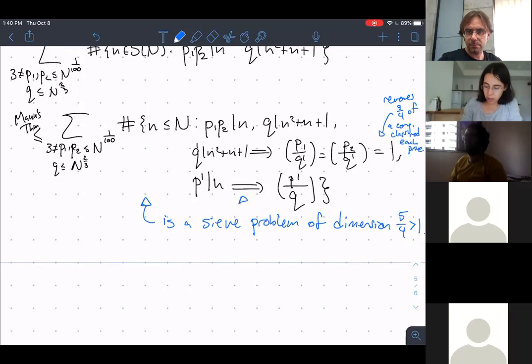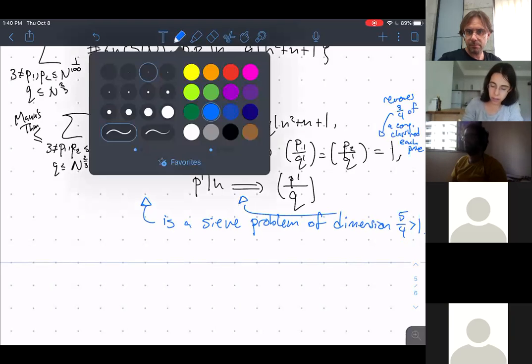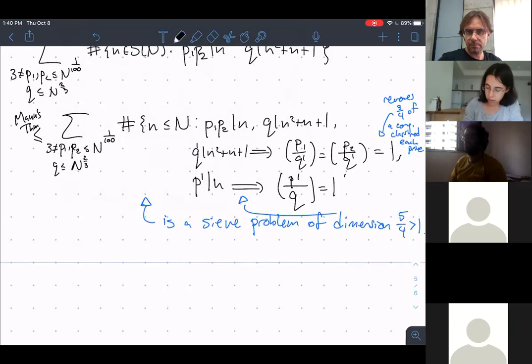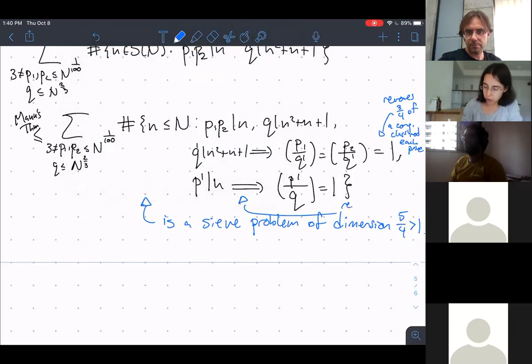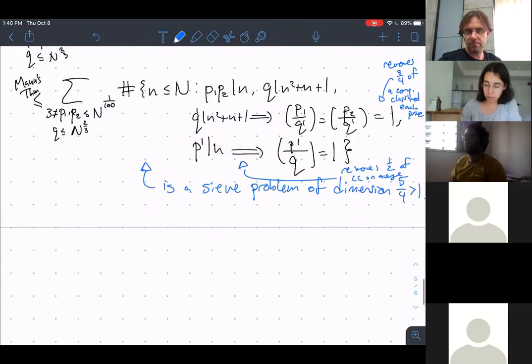And this condition that any prime dividing n must be a quadratic residue modulo q, so this condition removes half of a congruence class on average. And it's not hard to show that they end up removing different congruence classes.